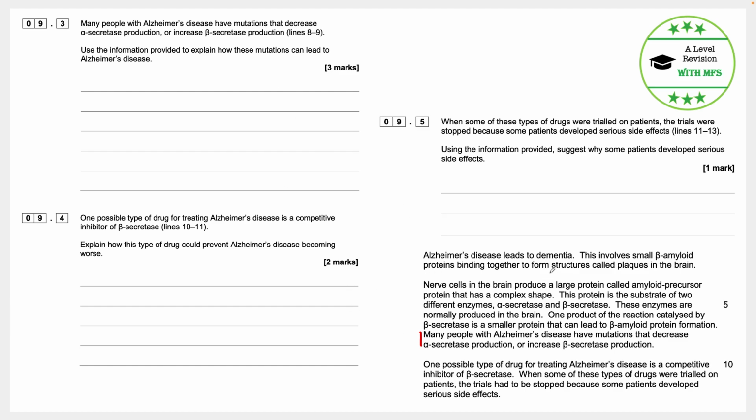Now, it says explain how these mutations can lead to Alzheimer's disease. Well, if we read just before that, it says one product of the reaction catalyzed by beta secretase is a smaller protein that can lead to beta amyloid protein formation. What we're looking for here is that alpha secretase is the functional enzyme of interest, and by having a mutation, it's decreasing the production of the functional enzyme.